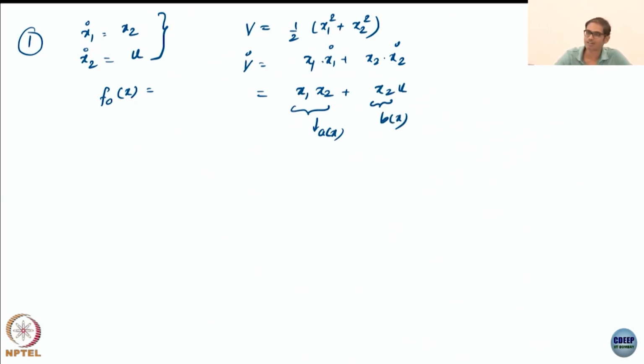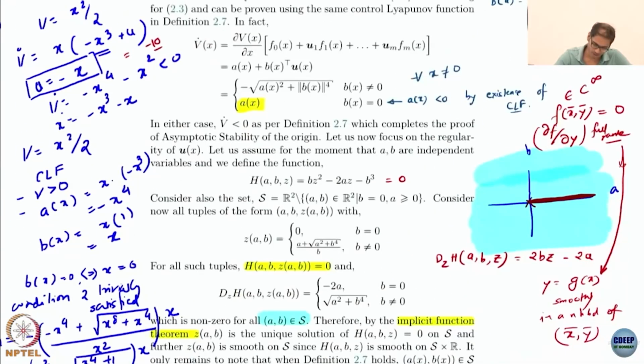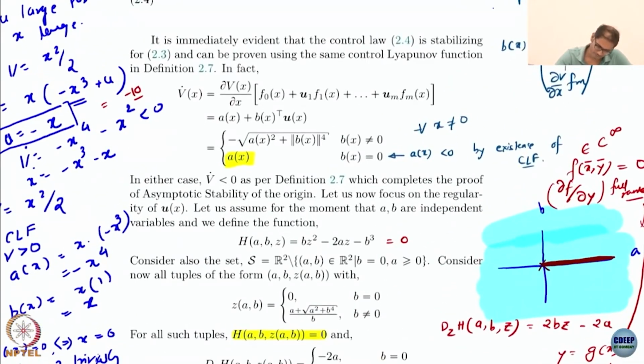If you want to do the longer way, you have to write f0 of x, f1 of x, del V del x and all that. But this is the quick way. This expression is illustrative enough. So V dot is always A of x plus B transpose u, and using this I can always compute A and B.